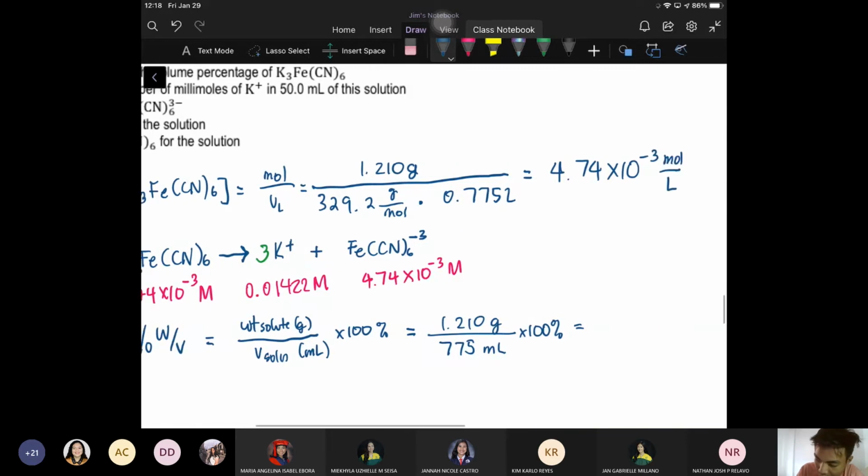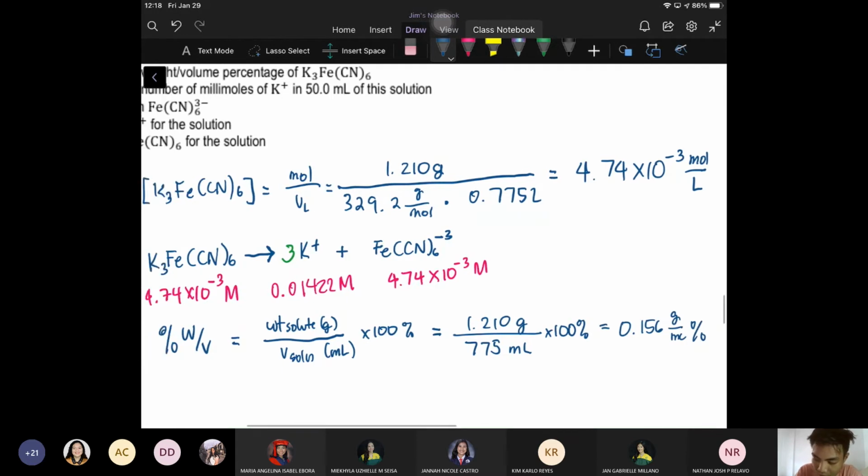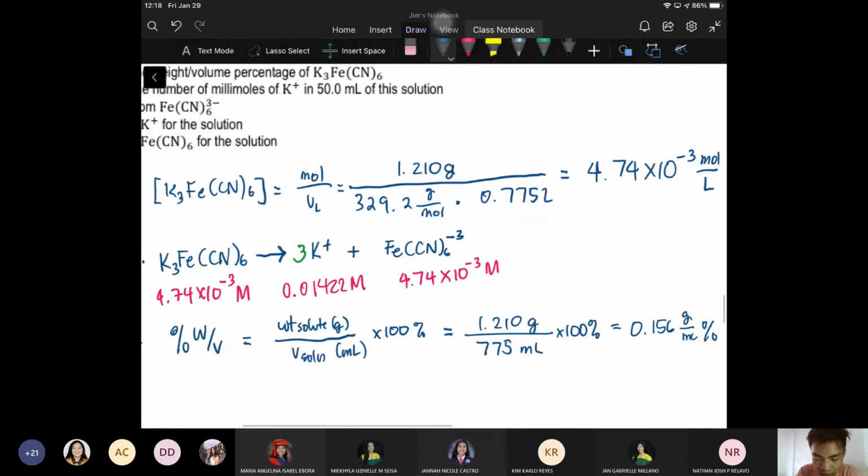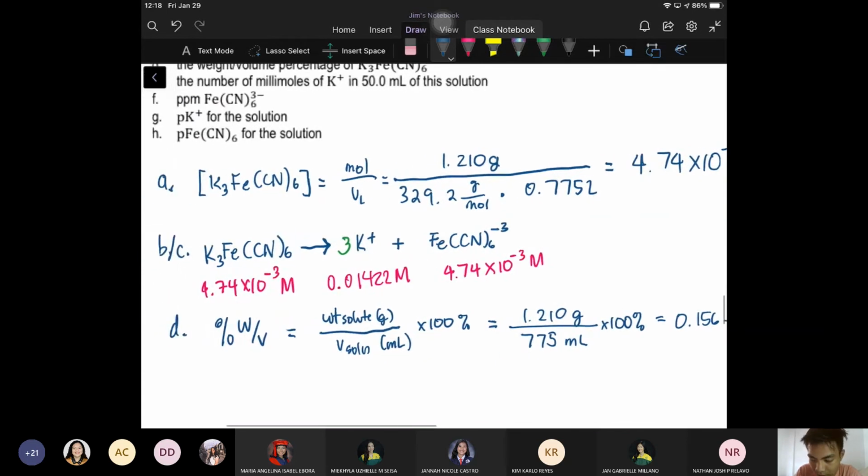So, that's 0.156 gram per ml percent. Okay? So, yan yung kanyang weight per volume. Or pwedeng percent na lang, no? Pero again, this is uncommon concentration unit, no? So, siguro ito na rin yung last time na makita nyo yan.